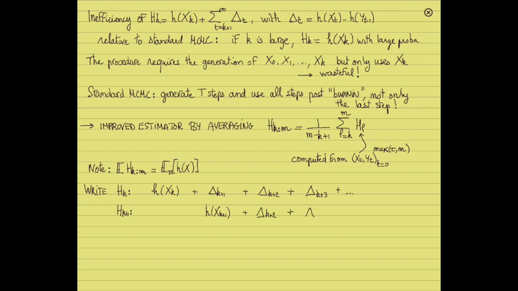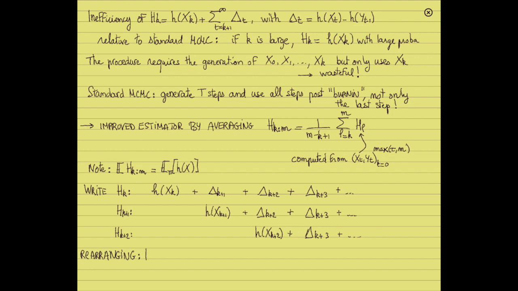So we put the delta_{k+2}s underneath one another, and then delta_{k+3}s, and so on. And I'm going to just write one more, H_{k+2}. This one is h of x_{k+2} plus delta_{k+3} plus delta_{k+4}, and so on and so forth.